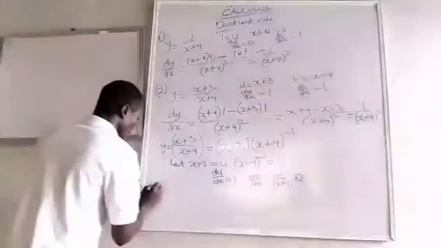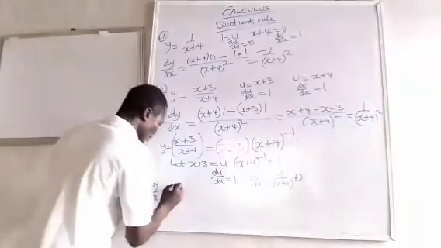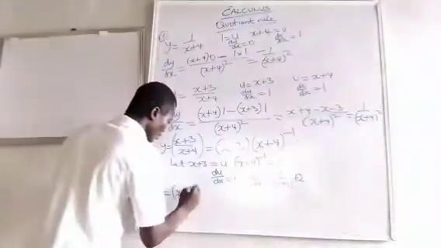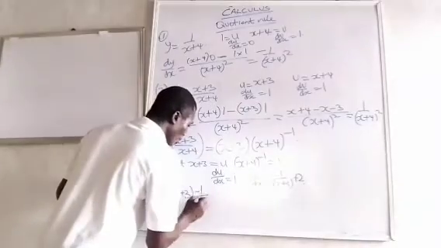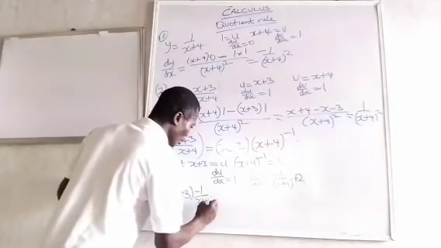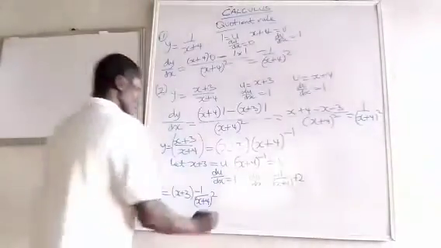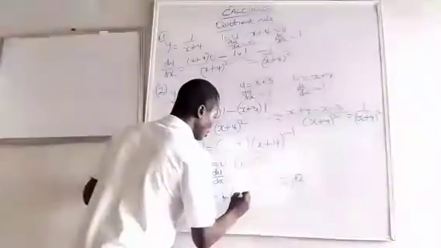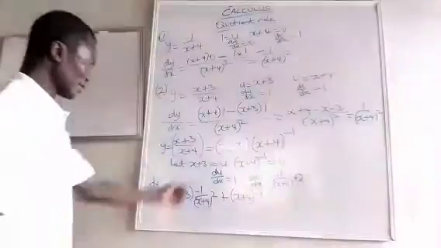So, dy dx is equal to, what is our u? x plus 3. What is dv dx? Minus 1 over x plus 4 raised to the power 2. What is our v? x plus 4 raised to the power minus 1. What is our du dx? 1.